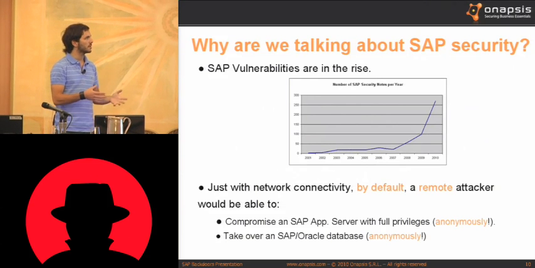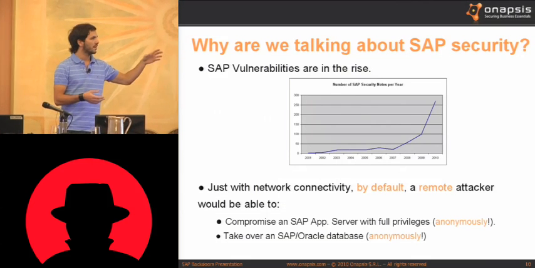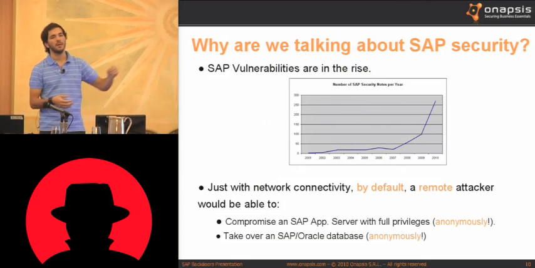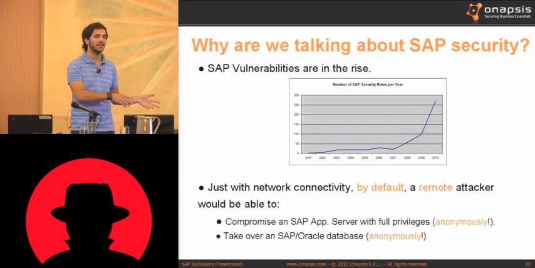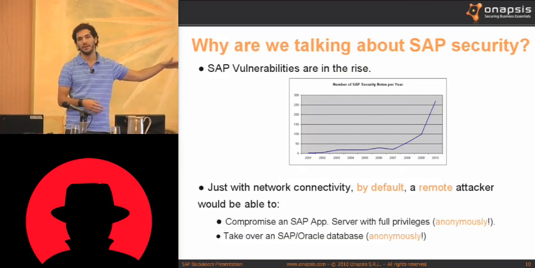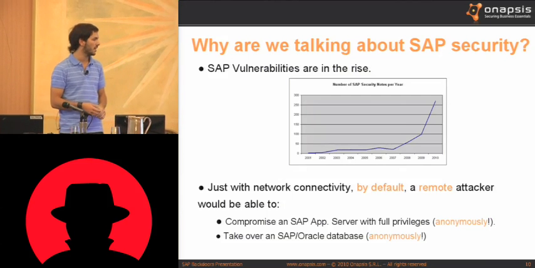Going to a technical level and explaining why segregation of duties is not enough, you should know that by default, just by knowing the IP address of an SAP system, a remote anonymous attacker can execute operating system commands on any up-to-date SAP system that is left at default.